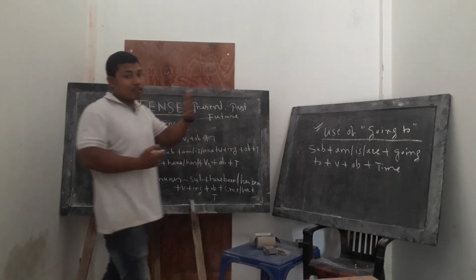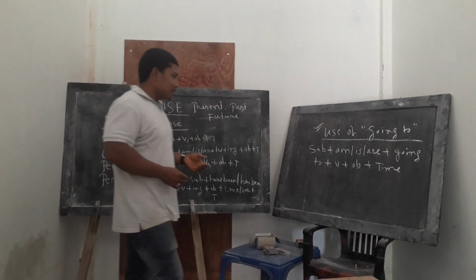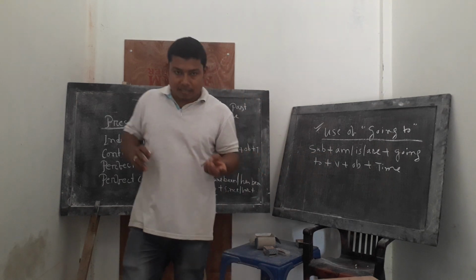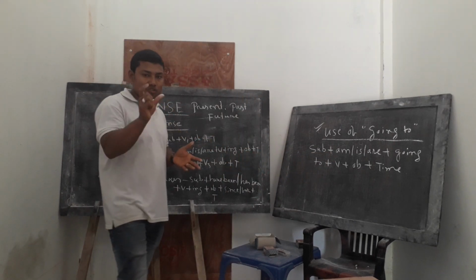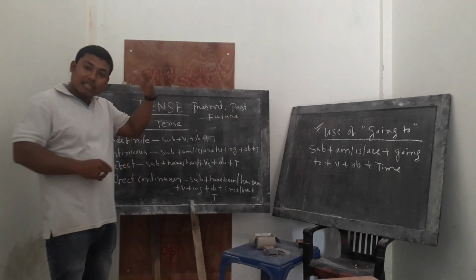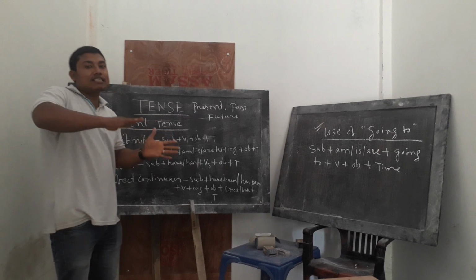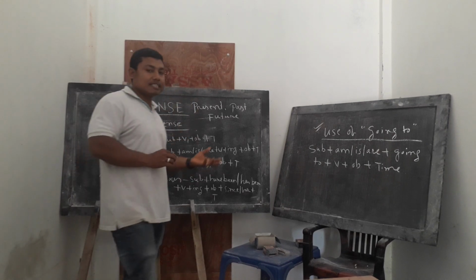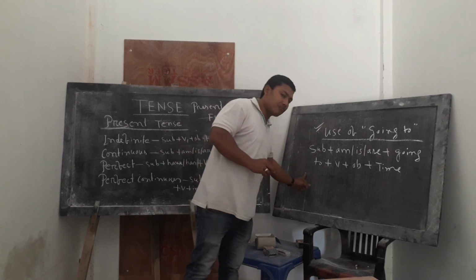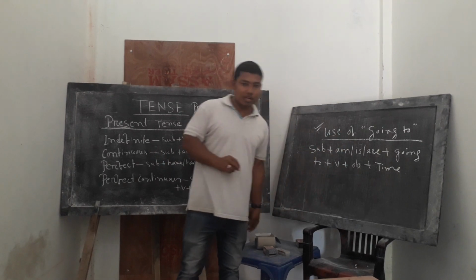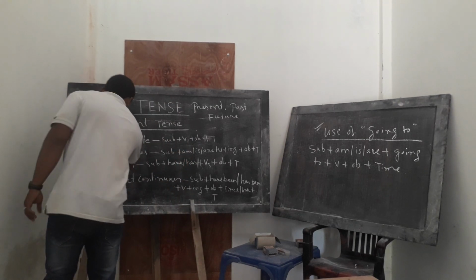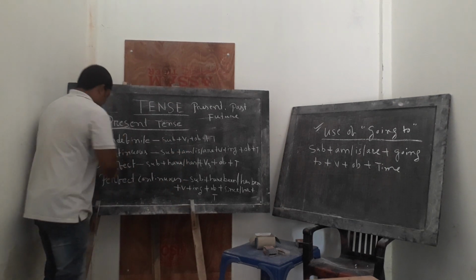Suppose she is washing the chicken, cutting it into small parts and washing utensils, and then she will cook. She is preparing to cook chicken. These are the examples of this exceptional fact of present continuous tense, which is called the use of going to in present continuous tense. And next, I am going to discuss present perfect tense.